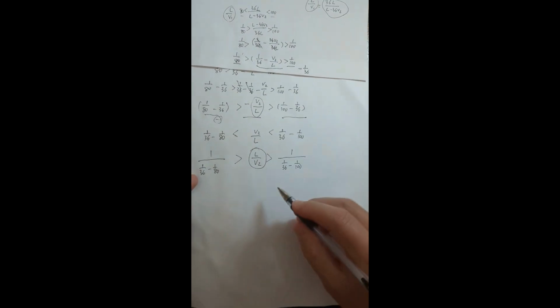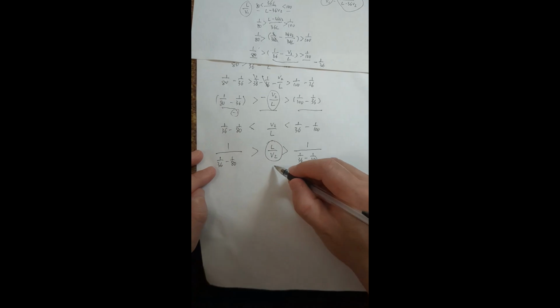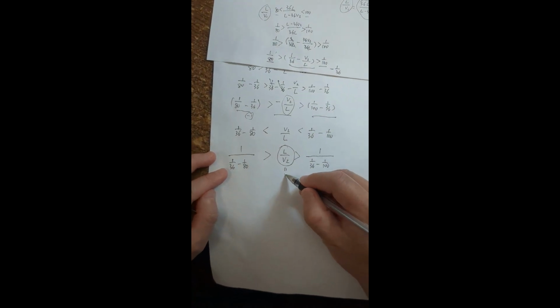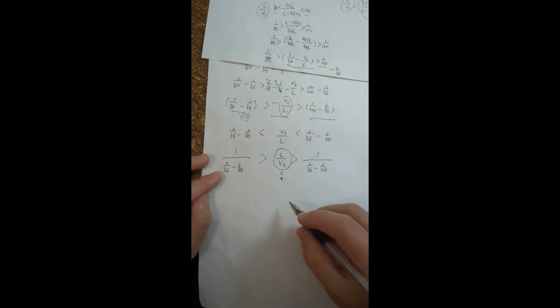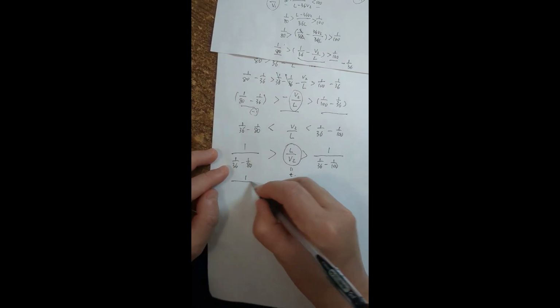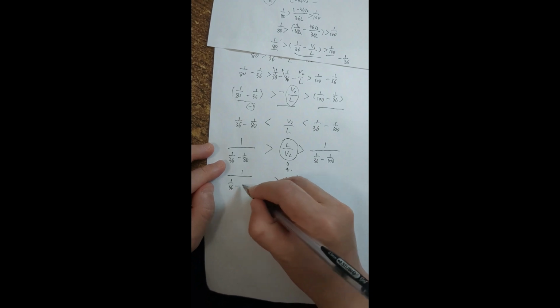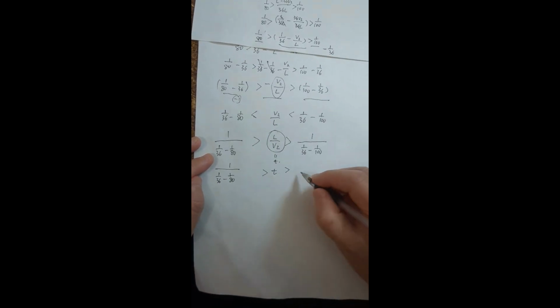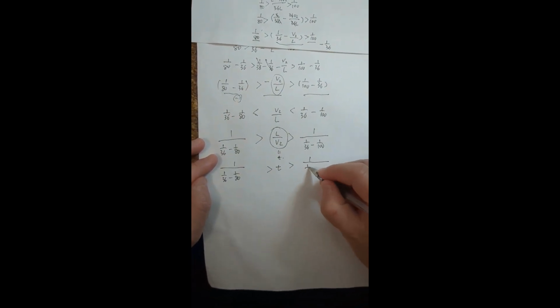And now you can see this is actually equal to t. So we get that t is between these two numbers.